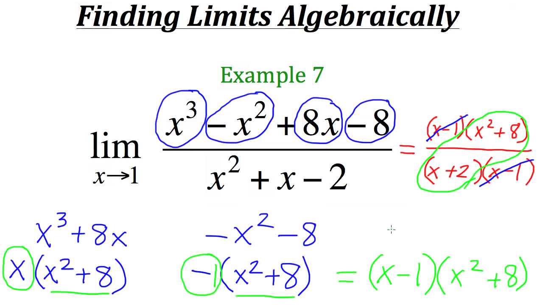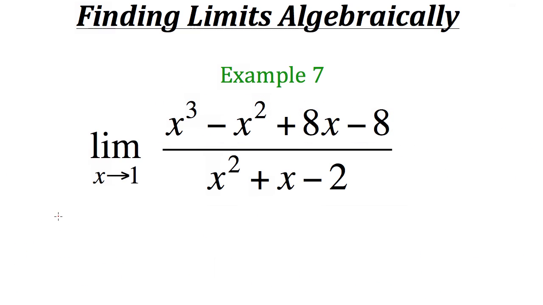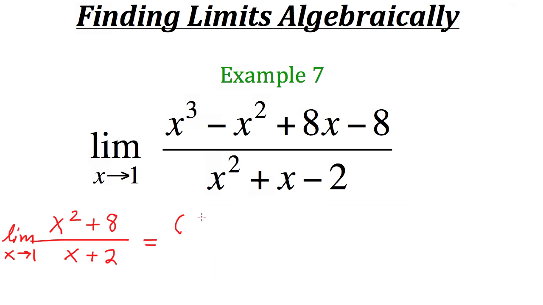So we're going to use that now to evaluate the limit of our function. So let's do that. We have x squared plus 8 over x plus 2. And we want to evaluate that limit as x approaches 1. So again, we could start with our top portion. So we'll find the limit of x squared plus 8 as x approaches 1, which 1 squared gives us 1, and then 1 plus 8 will give us a limit of 9.